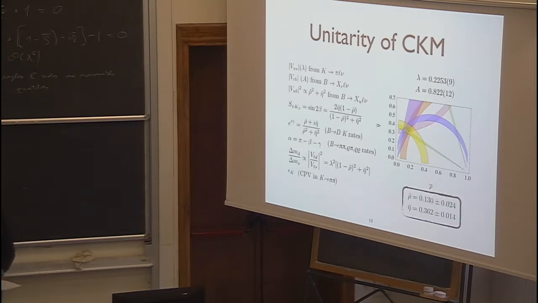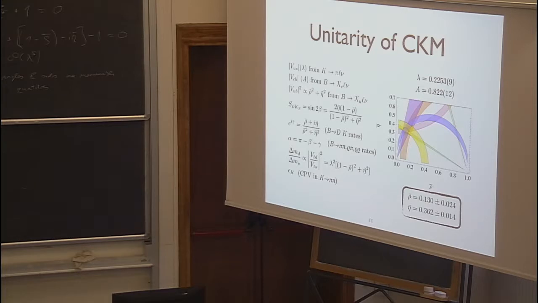And finally, we can also use kaon decays, in particular the measurement of direct CP violation in kaons. So actually the observable which was the first indication of the presence of CP violation at all, epsilon K, also forms, of course, a constraint in this unitarity plane of the CKM.